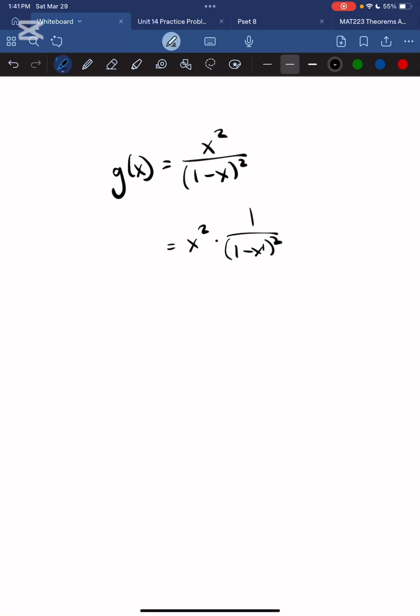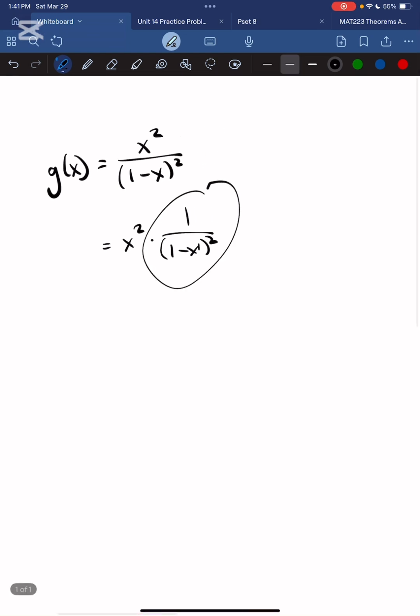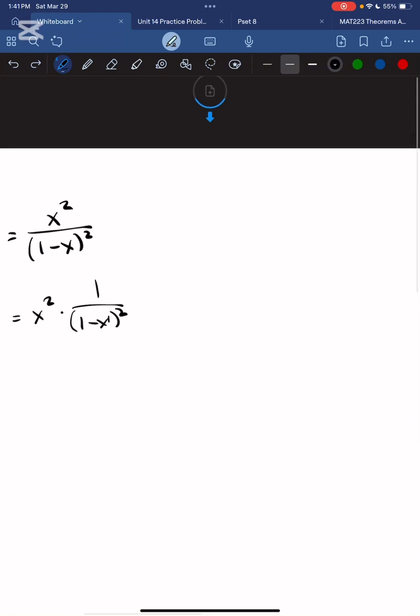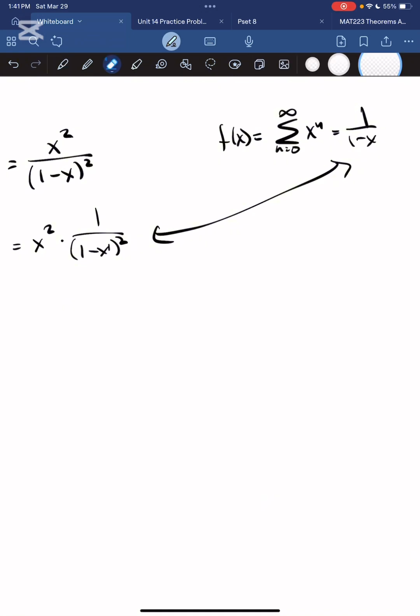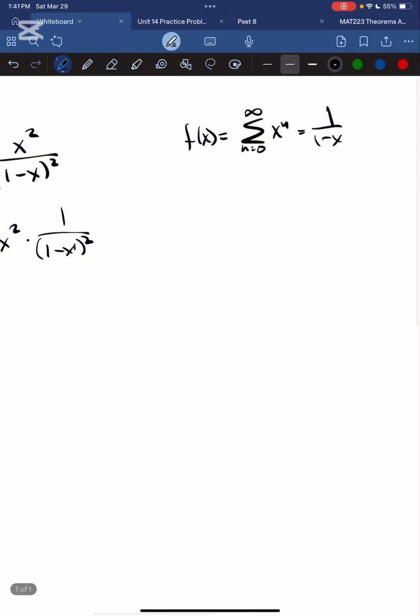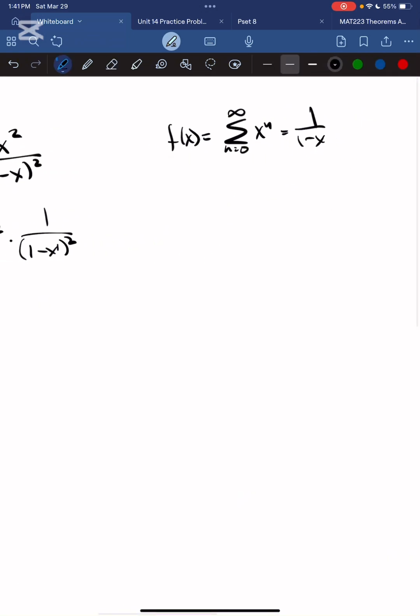And now, this guy, right? Let's rewrite f at x as the geometric series, yeah? This guy is related with that guy. Do you see why? The derivative of f at x is equal to that.